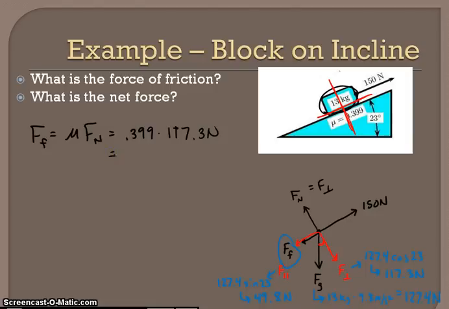So my frictional force is now 117.3 times my 0.399, and that comes out to be 46.8 newtons.